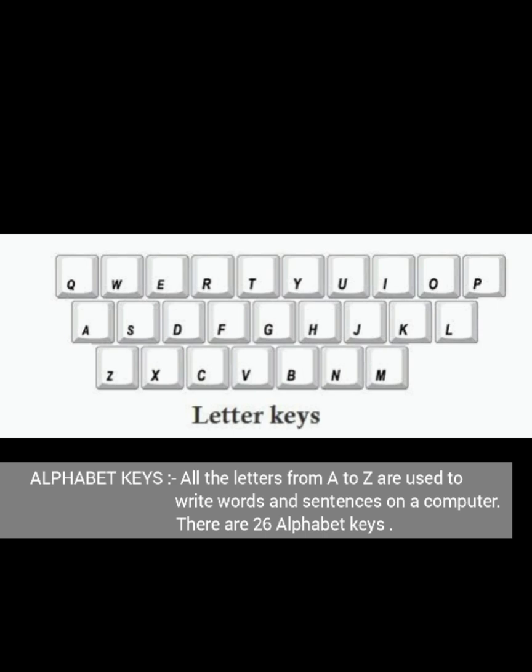There are total 26 alphabet keys on the keyboard. Okay, so how many alphabet keys are present on the keyboard? 26 from A to Z and they are used to write words and sentences.